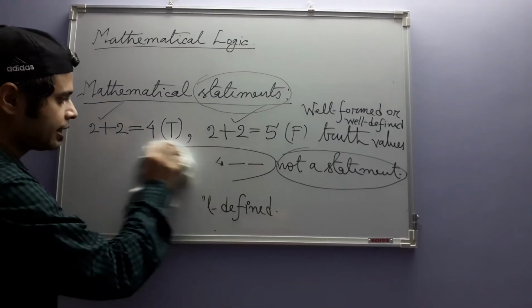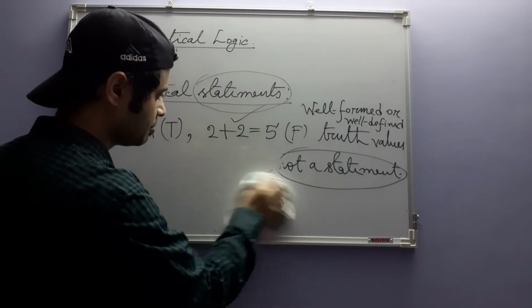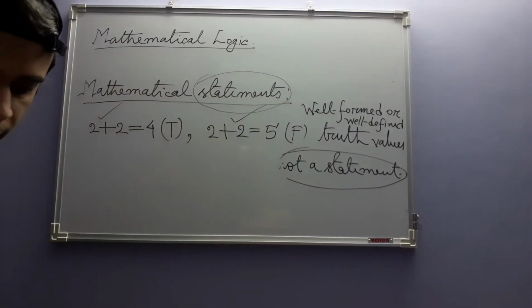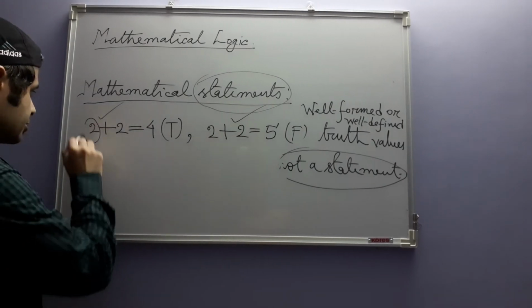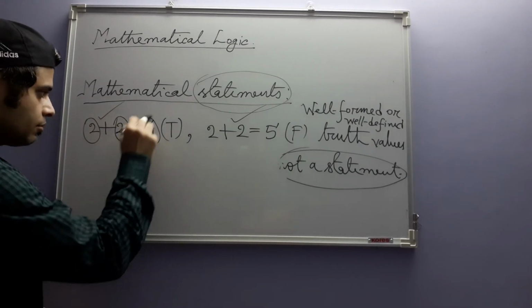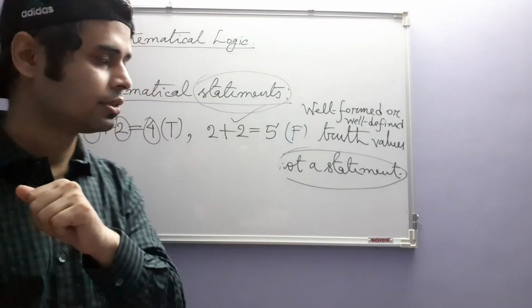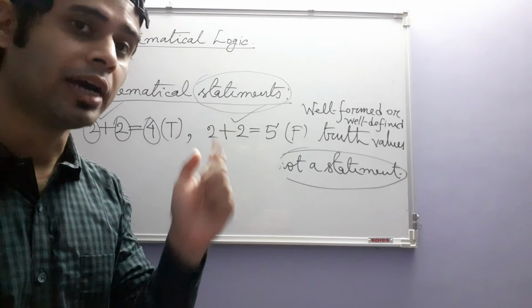Now, one thing that I have not told you while discussing mathematical statements is that these objects, here you see that the objects are constants. However, the objects can be variables also.